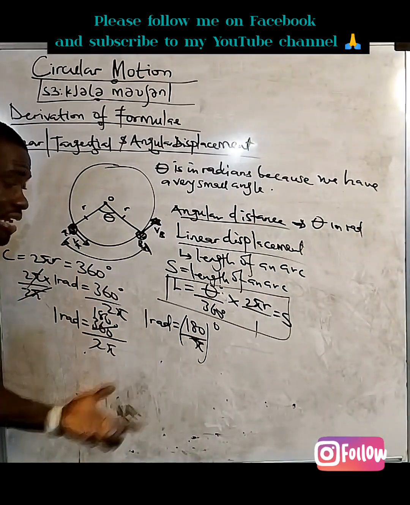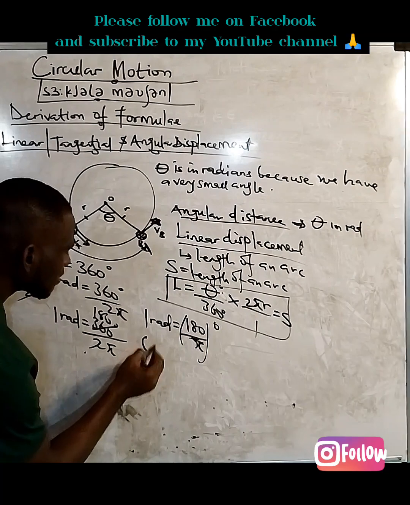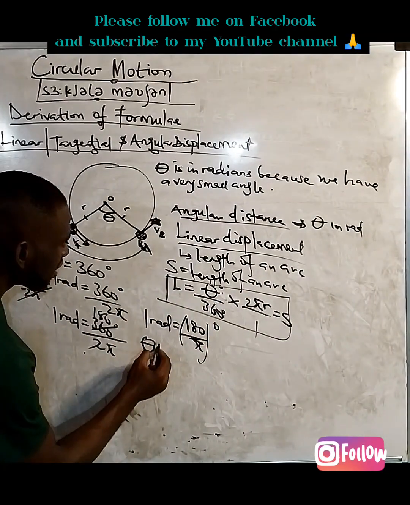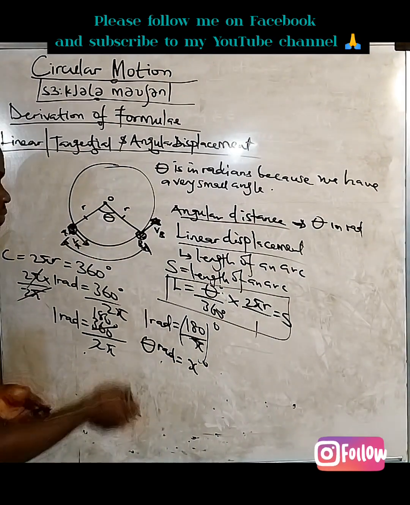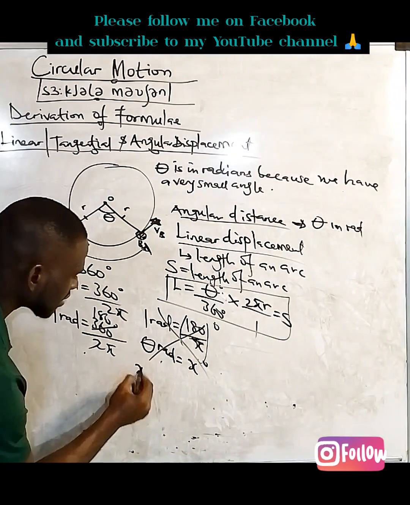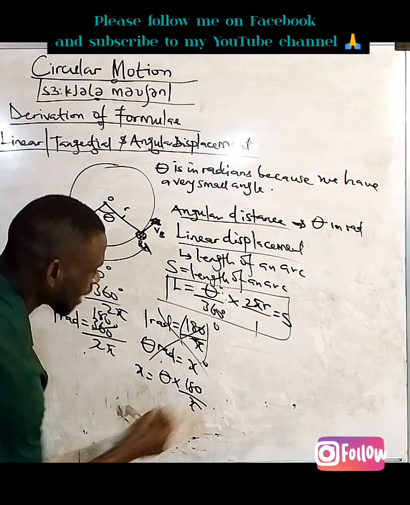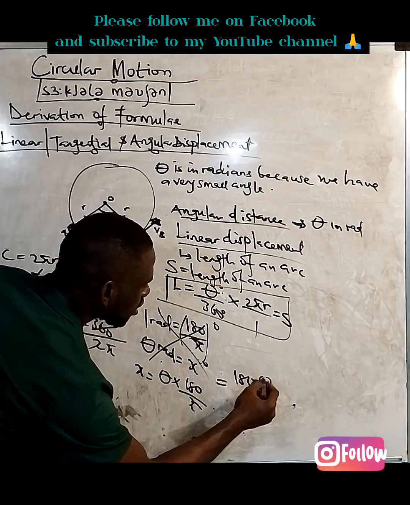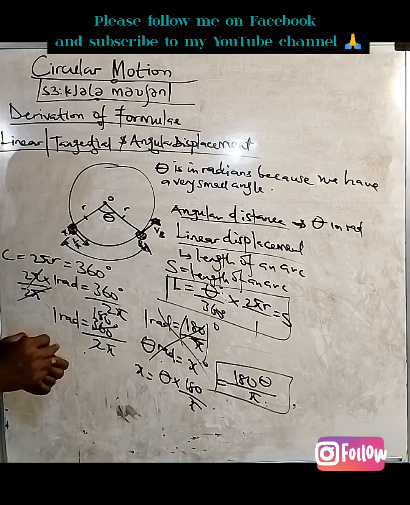Now, if 1 radian is 180 over pi degrees, then theta radians, because the angle we have is in radians and we want it in degrees, will be how many degrees? X degrees. By proportionality, 1 times x is x, theta times 180 over pi. So theta radians is equal to 180 theta over pi degrees.